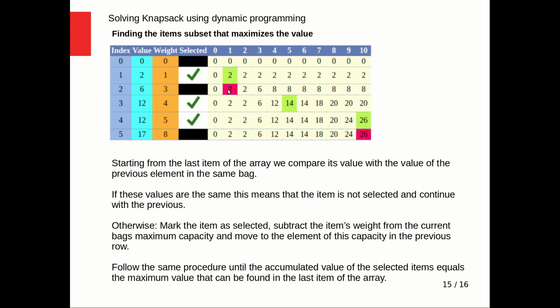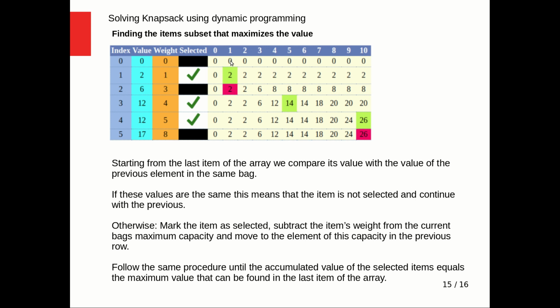This means that the item indexed 2 is not included in the optimal array, and we mark it as done. And we move 1 row higher. Then we see the number 2. The value is 2.